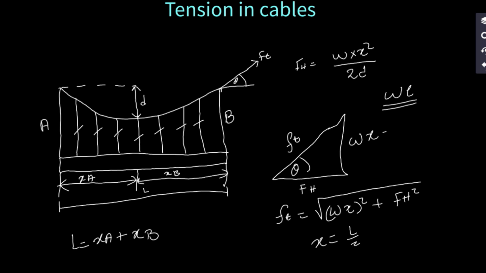This is obviously the capital letter W, and the length of the cable is given by the distance between the towers plus 8d squared divided by 3L, and then everything else applies.